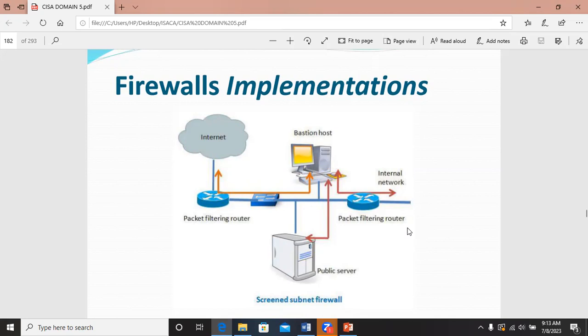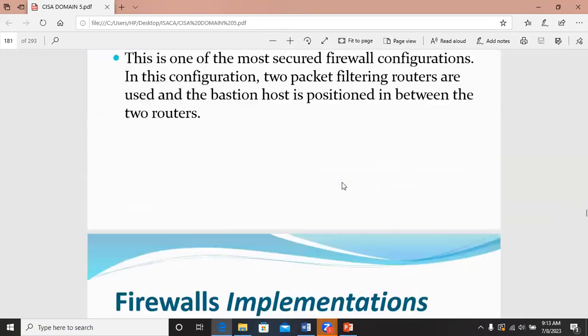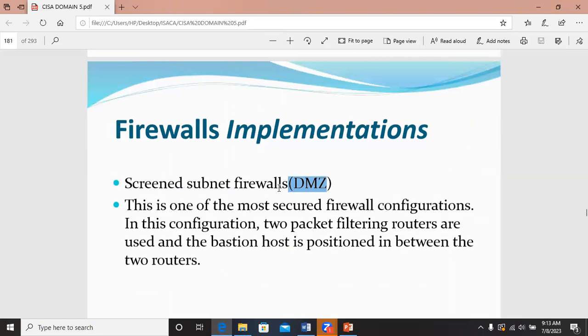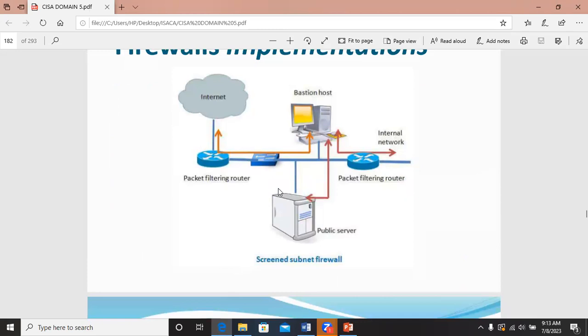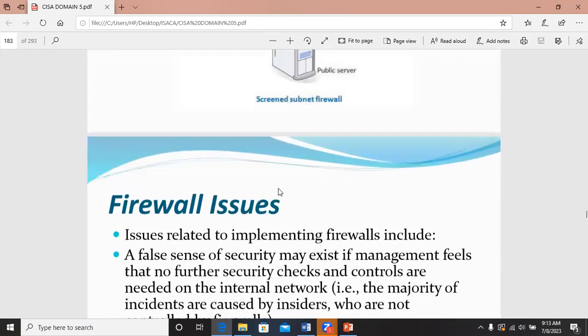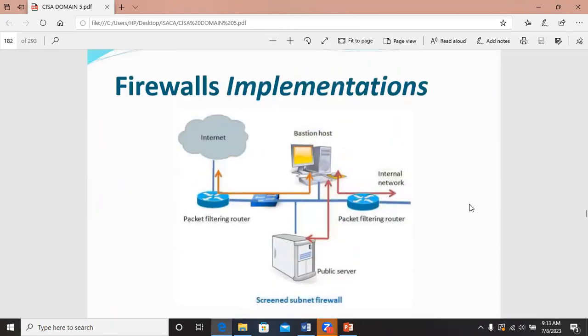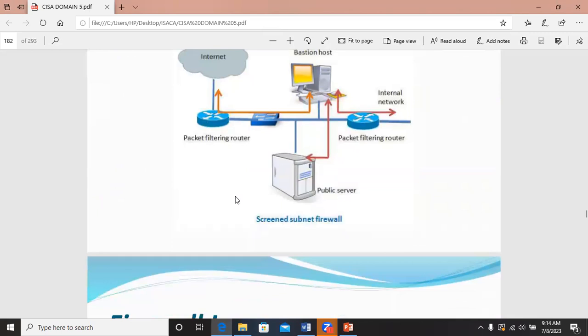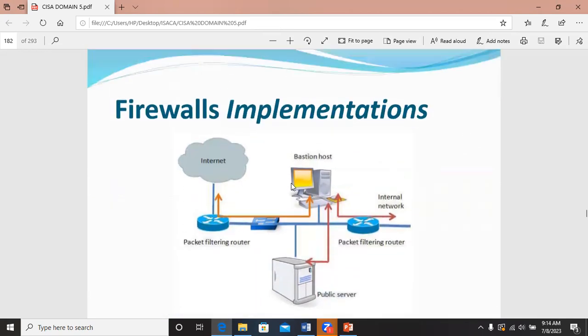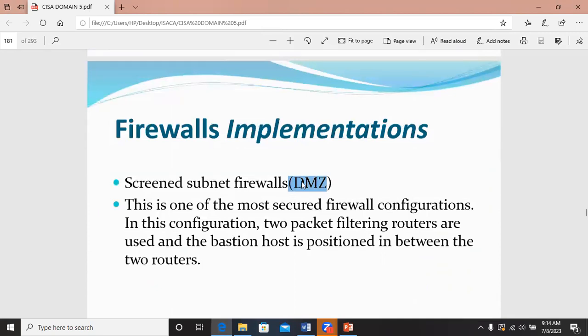So this DMZ or screened subnet firewall is deemed to be more reliable than the first two. Your most sensitive or critical resources, like web servers and your database server, you want to hide behind a screened subnet firewall or a demilitarized zone because of the level of checks.